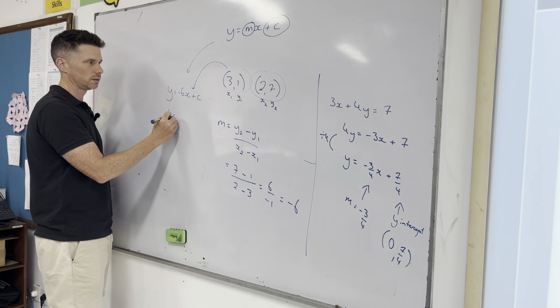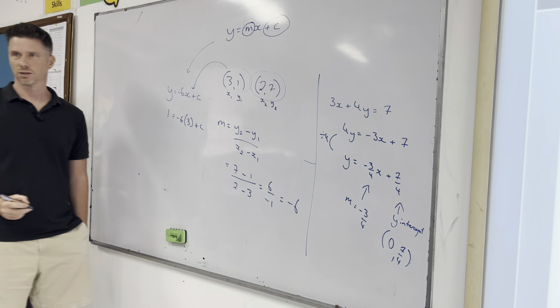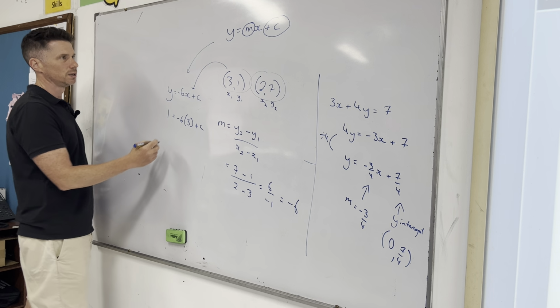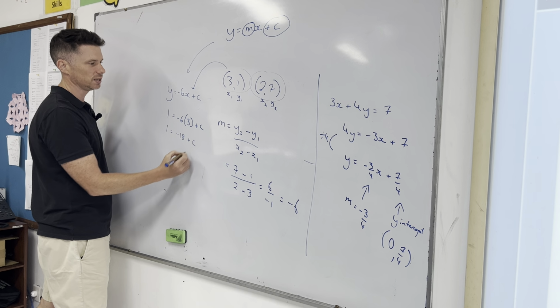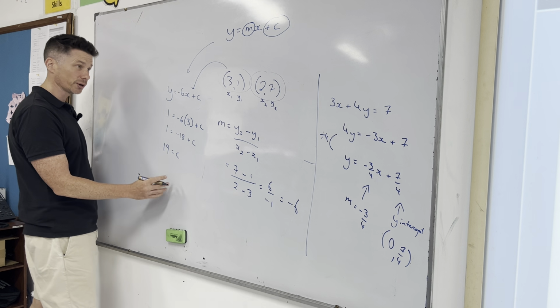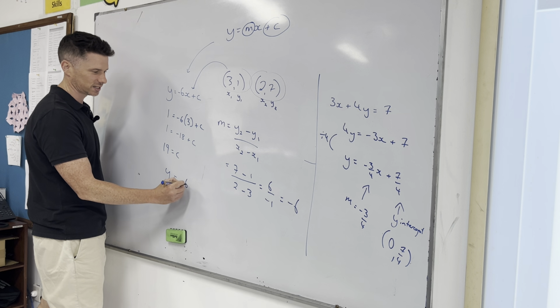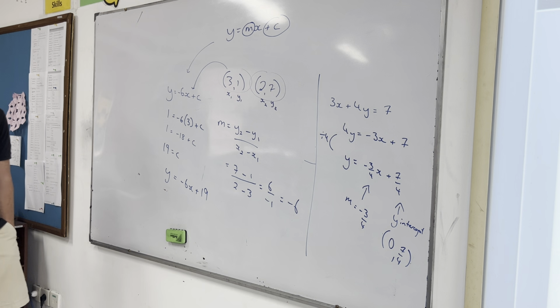Now my only unknown is c, and now I can find it. So 1 is equal to minus 18 plus c. Plus 19 is c. So my equation of the line is complete: y is minus 6x plus 19. That's the equation of Ozzy and Pauline's special line.